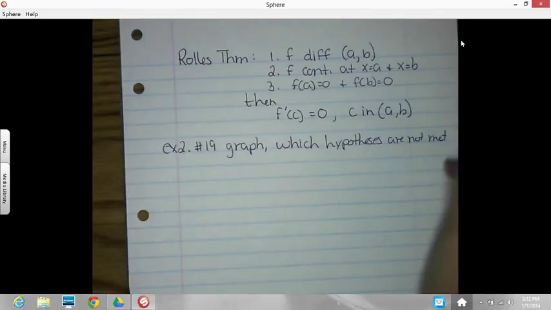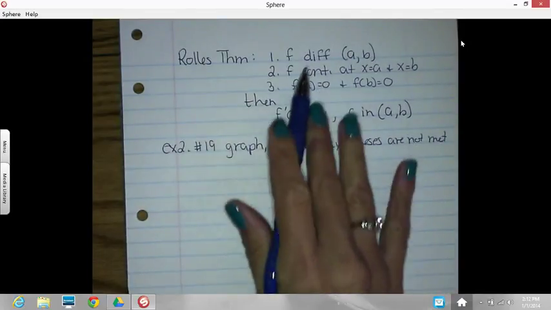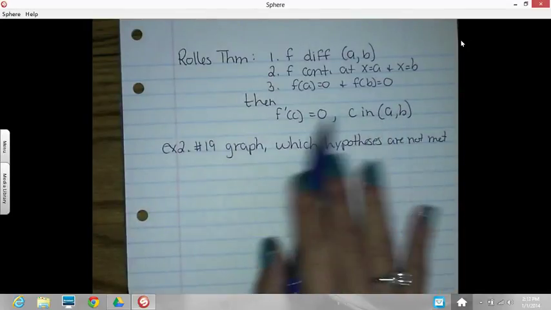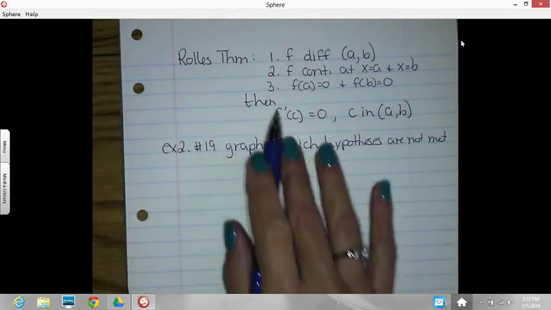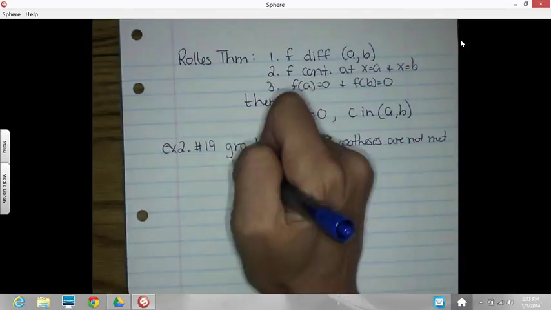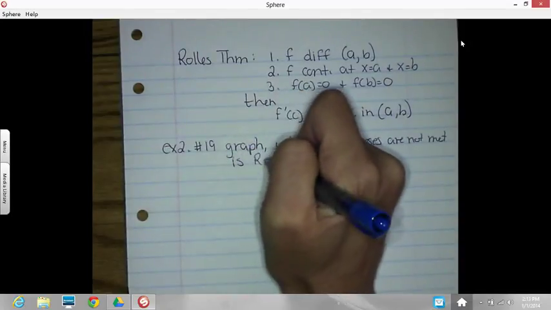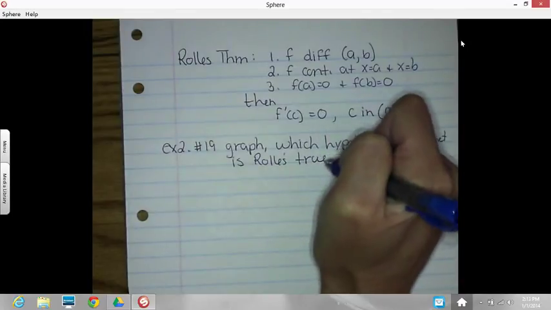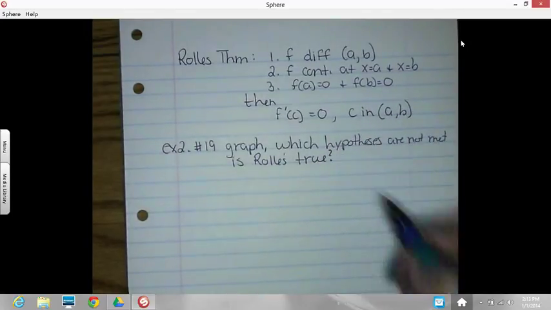And then also, even if they're not met, Rolle's theorem can still have this derivative equal to 0 in that interval. You have to say whether the conclusion is still true. Is Rolle's conclusion true? Okay, so those three things.